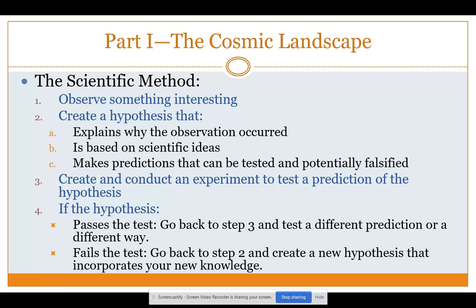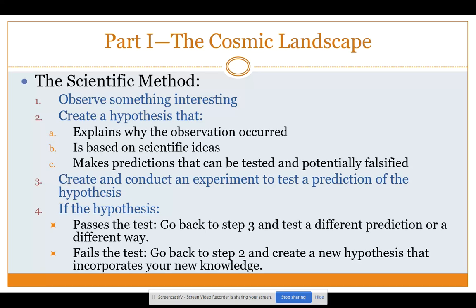Then, for step 2, you're going to write down your hypothesis. You've already said in the first half that I need to write a hypothesis that's based on scientific ideas, that explains why the observation occurred and makes testable predictions. Now you're actually writing a hypothesis that you think covers those bases.